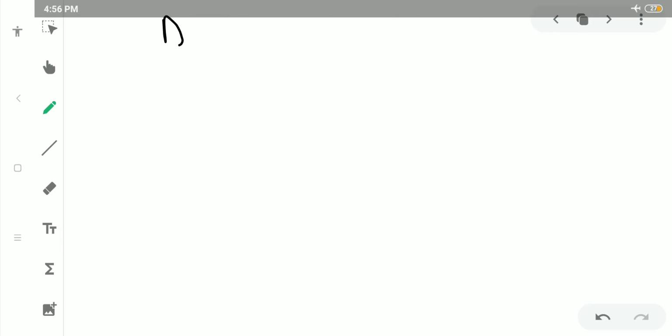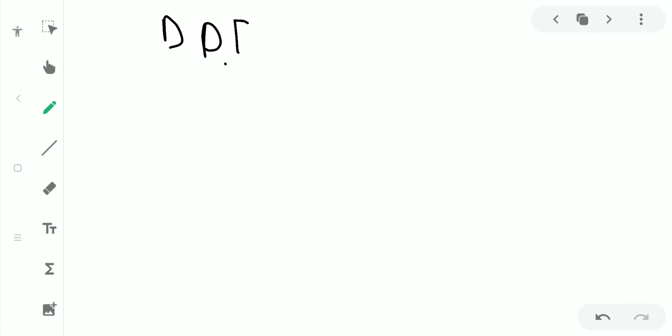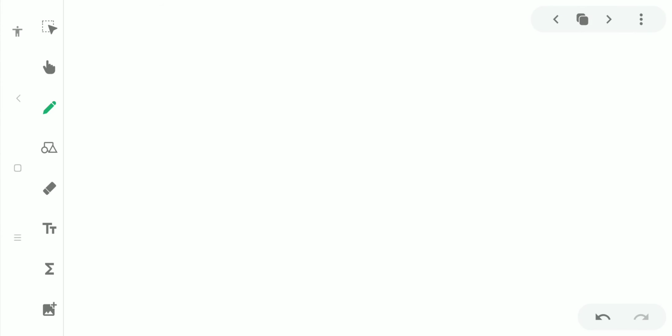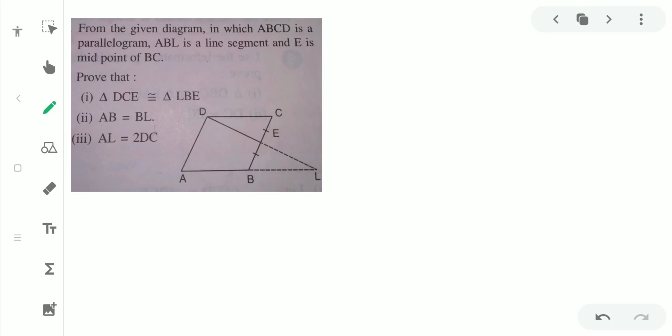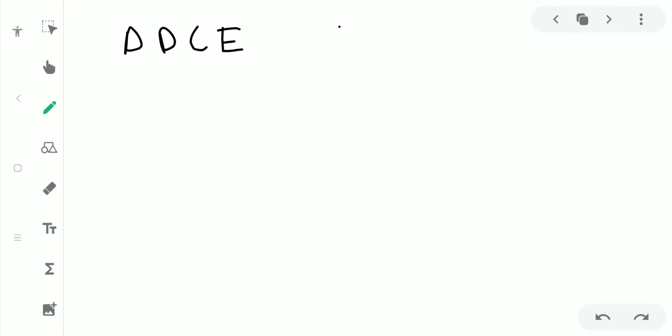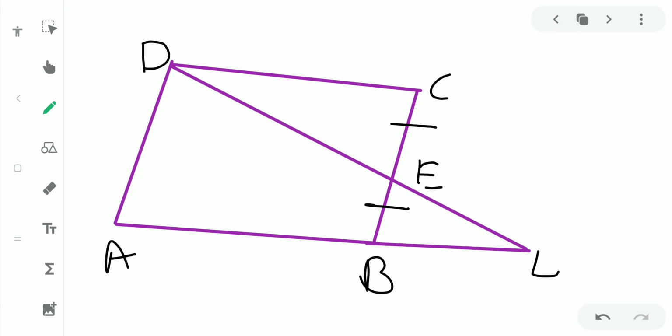So triangle DCE is congruent to, so I should not write the symbol here, it means that it is congruent without any proving. And triangle LBE. Now let us see how they are congruent.